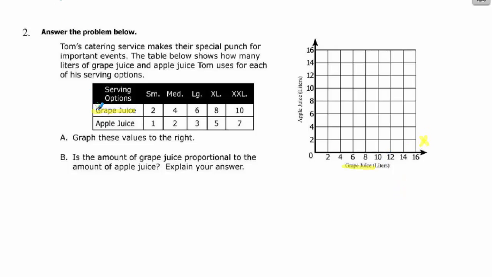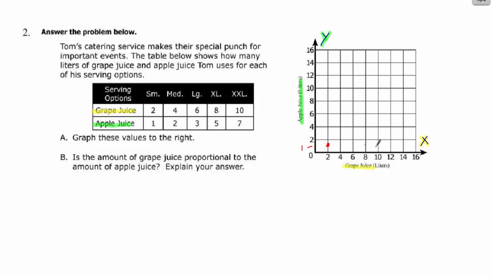The apple juice is on the y-axis. And we're going to make sure that we graph carefully and correctly. So 2 grape juice to 1 apple juice, 2 to 1. Now we don't have a 1 shown, but we know that 1 is halfway between the 0 and the 2. We know that there's a 1 right there.